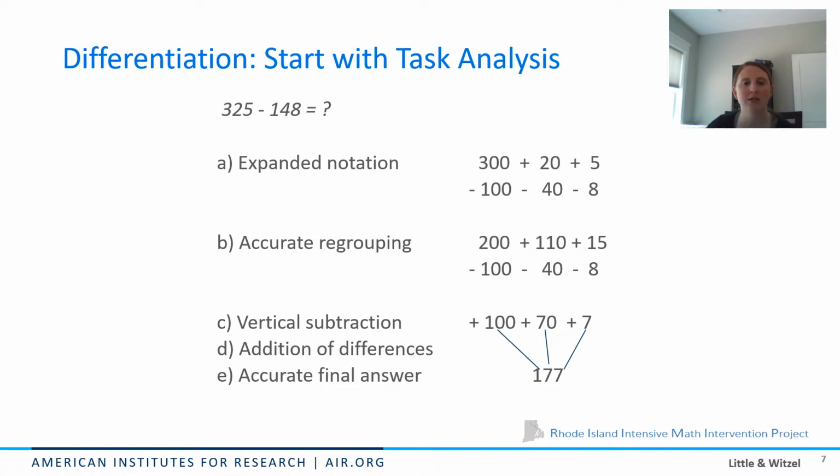Step 3. Subtraction is performed vertically per place value. Step 4. Each difference is connected to the total number of hundreds, tens, and ones. Step 5. The final answer is displayed.